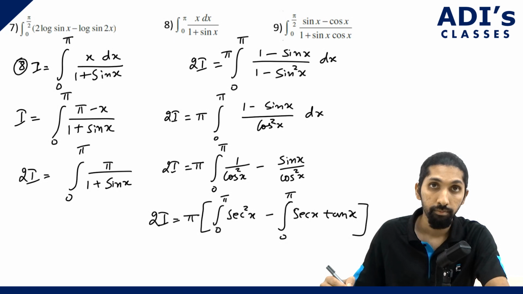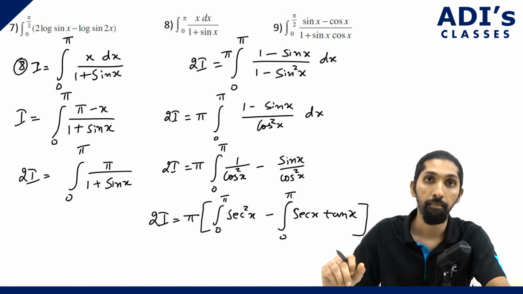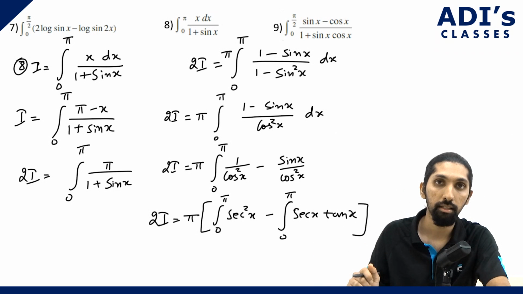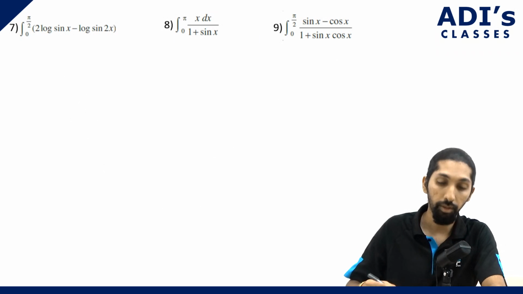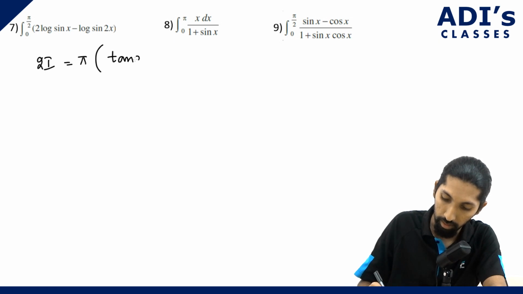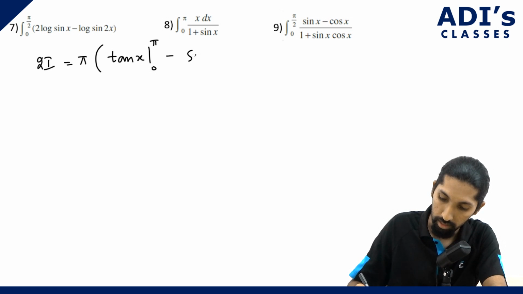Fair enough? Now, integral of secant square x is what? Tan x. And integral of secant x into tan x is what? Secant x. Correct? So then we apply the limit. 2I is equal to pi into tan x from 0 to pi minus secant x from 0 to pi.